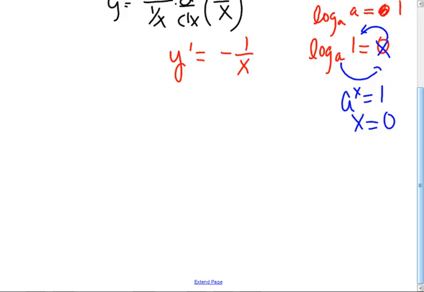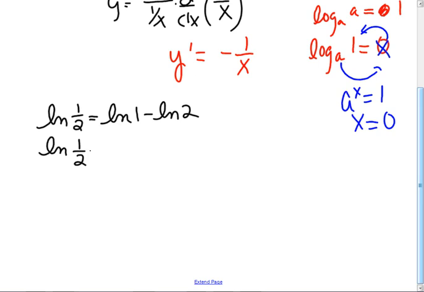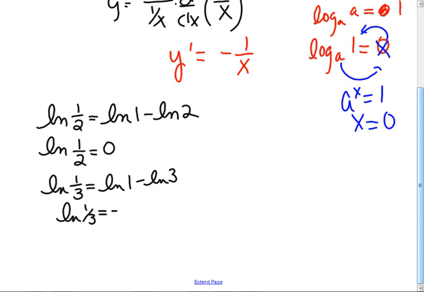Now, just a little aside here. What is the log of 1/2? Well, it's the log of 1 minus the log of 2. But what's the log of 1? 0. What is the log of 1/3, Cole? It's the log of 1 minus the log of 3. So the log of 1/3 is what? Minus the log of 3.